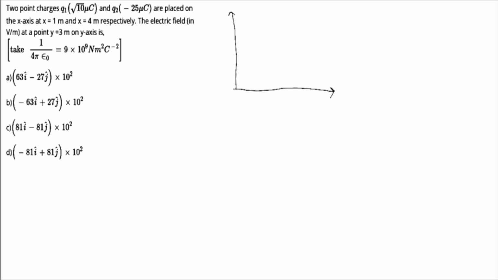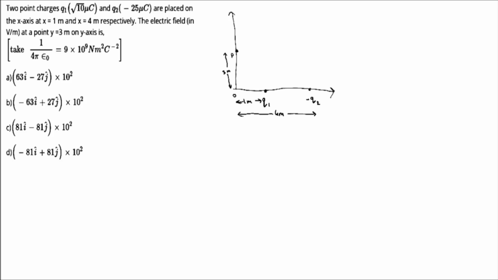That is Q1 at 1 meter from the origin, and we have another charge which is negative in nature, minus Q2, which is 4 meter from the origin, and we need to calculate the electric field at a point which is 3 meter on the y-axis. So this is the situation we have. Suppose this is a point P.